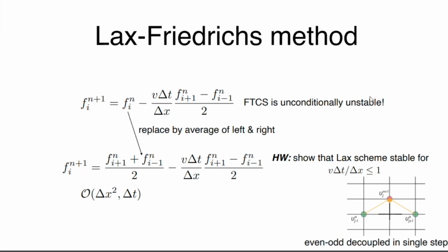The solution here does not actually depend on F_i^n. You can see this point does not affect the solution. There is no dependence on F_i^n. It depends on F_{i-1} and F_{i+1}. And you can actually show, this is another homework problem, that the Lax scheme is stable if you satisfy the CFL. These are actually extremely simple.